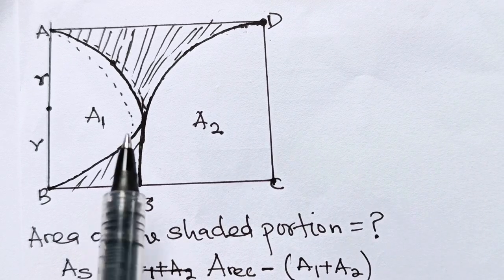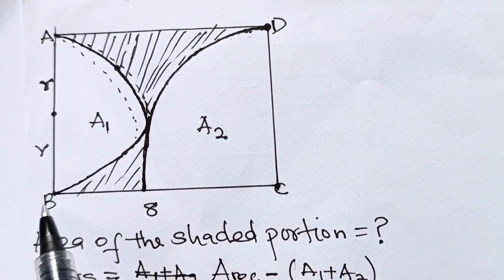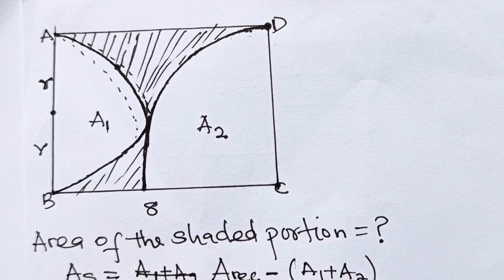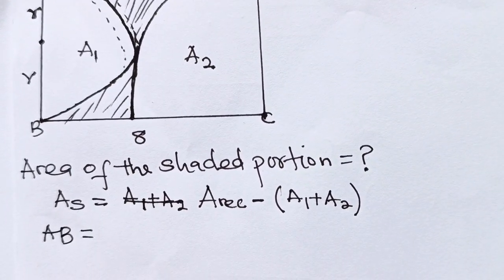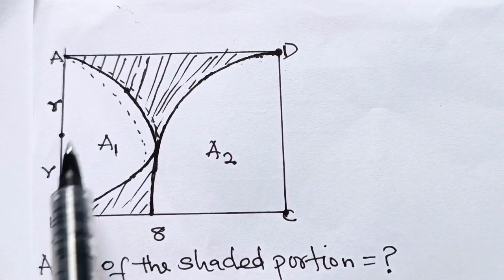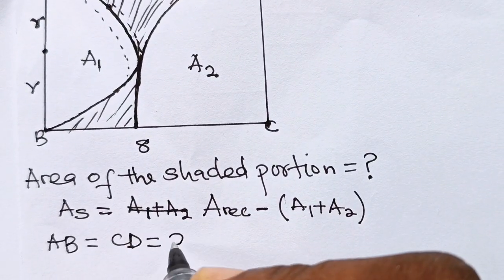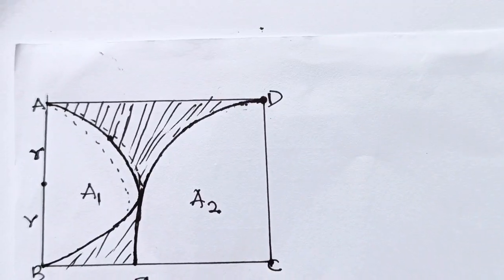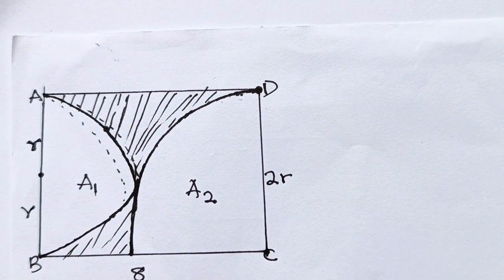Okay, being that ABCD is a rectangle, AB is equal to CD, which is equal to r plus r, which is 2r, right? So we can write that CD is 2r.